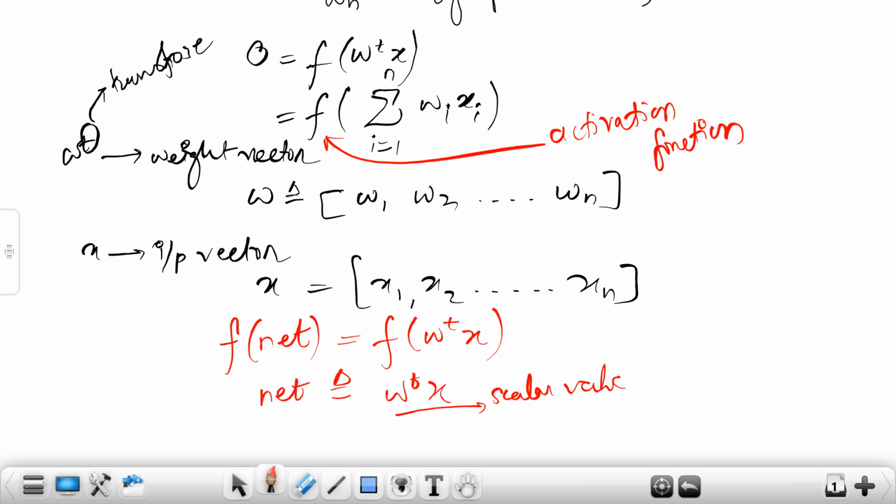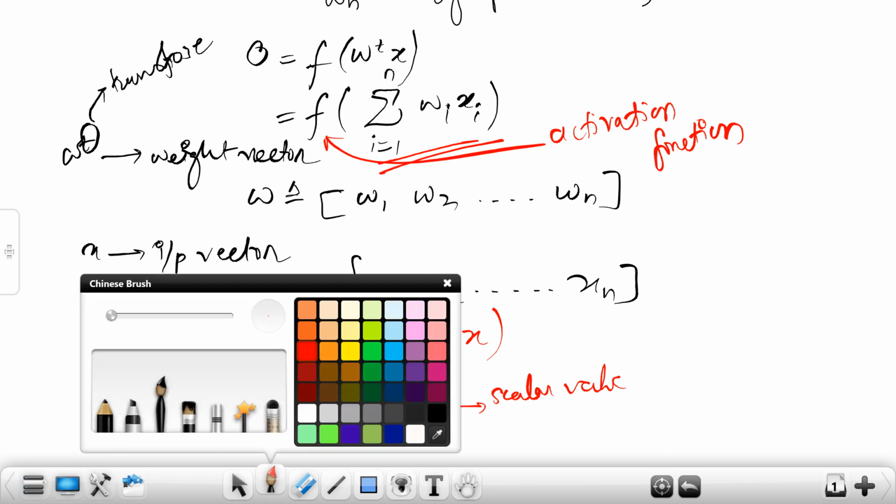As you observe in the equation, the processing node performs summation of its inputs, a scalar product computation, to obtain the net value. Now there are different kinds of activation functions, which we are going to see now.